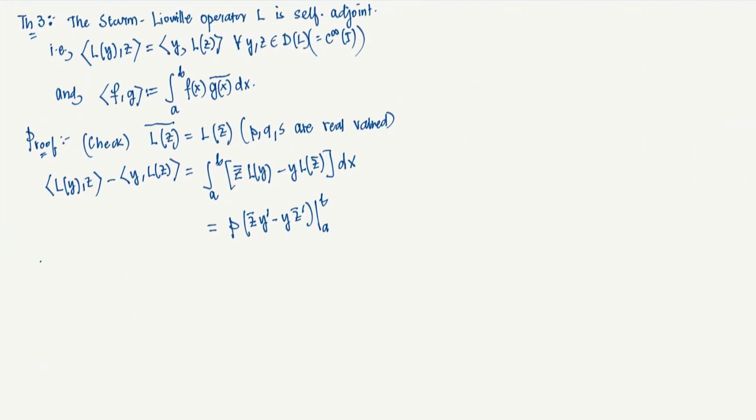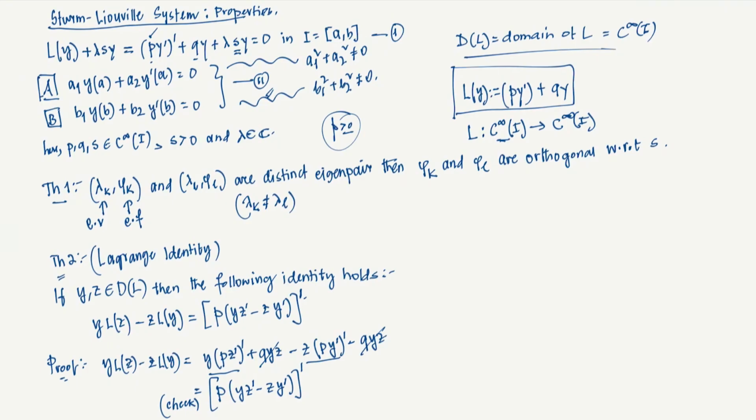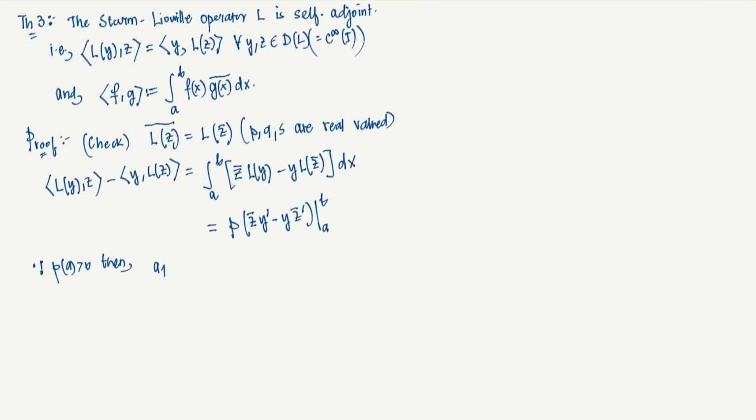So let's say that since P of A is positive, and it satisfies the regular Sturm-Liouville boundary condition, these two conditions are satisfied. So Y and Z will satisfy that condition. We have A1 times Y of A plus A2 times Y prime of A is 0.